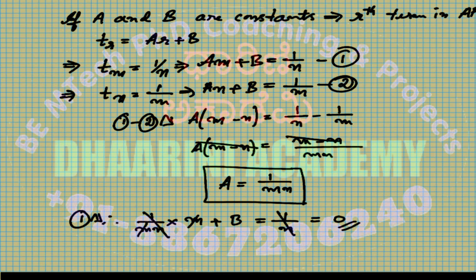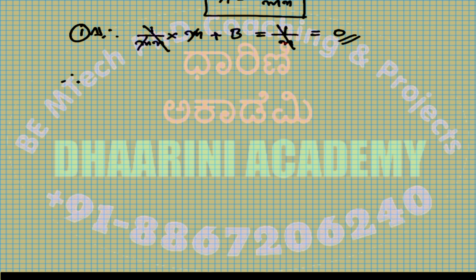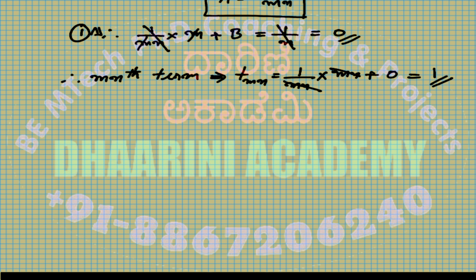We got the values of A and B. Therefore, the mnth term, which is the question: Tmn is A times mn plus b, where A is 1 divided by mn and b is 0. So mn cancels, and the answer is 1. This is the answer present in one of the 4 options.